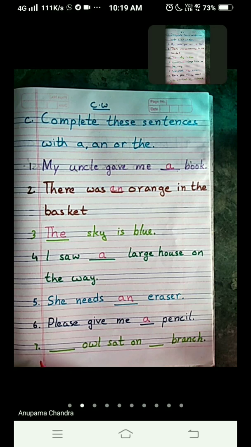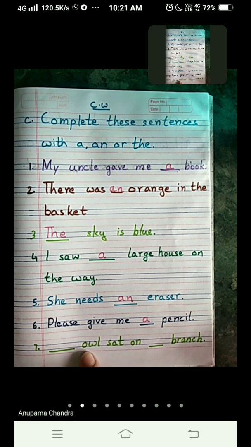Here you are given two dashes. Dash owl sat on dash branch. Now as we can see, O is a vowel and B is a consonant. So both are given in this sentence. So what will be the first one? What are we going to write before an O? So O is a vowel.